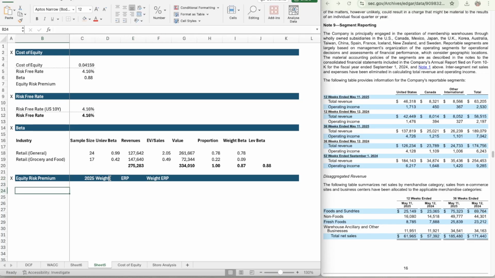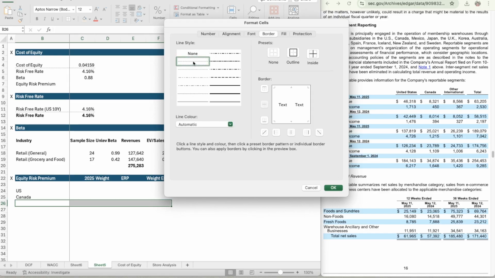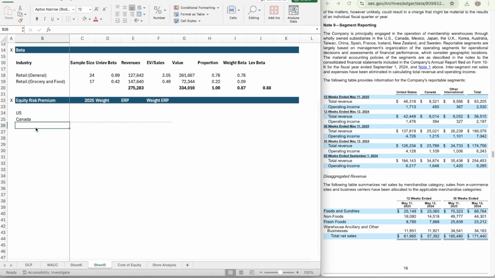And let's start with US and Canada in the same section, and then we'll do an other international. So let's just put a bit of formatting in. Sorry, I'm coming down to the bottom of the screen. Let's pull this up a bit. So total, here we go. And then we'll have an other international.